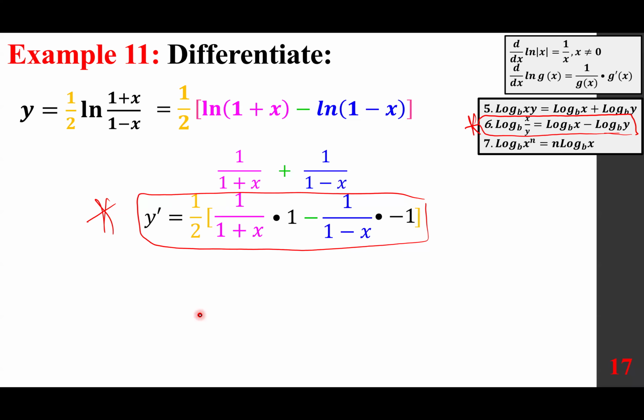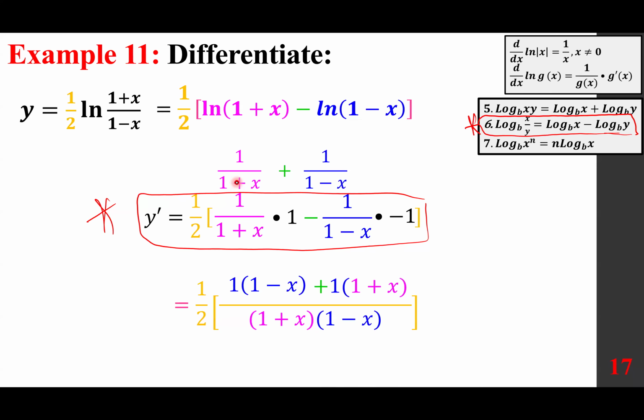Again, 1/2 remains, and LCD means just multiply these two. So 1/2 remains. The LCD is the product of 1 plus x and 1 minus x. To combine the two fractions, 1 times 1 minus x plus 1 times 1 plus x.